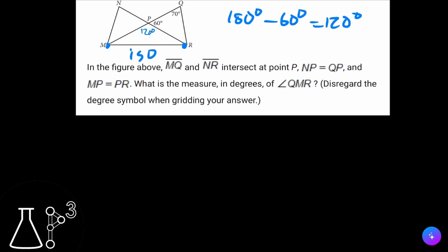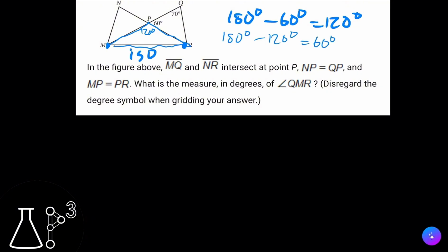So the good thing about it now is in this specific triangle, we determine that it is an isosceles triangle. So like we said, in an isosceles triangle, the 2 lengths equal the same and 2 angle measures equal the same. Therefore, M and R have the same angle measure, and we can look for both of them by subtracting 180 minus 120 and dividing the angle degree given by 2 to figure out M and R. So if I do 180 minus 120 degrees, that equals 60 degrees.